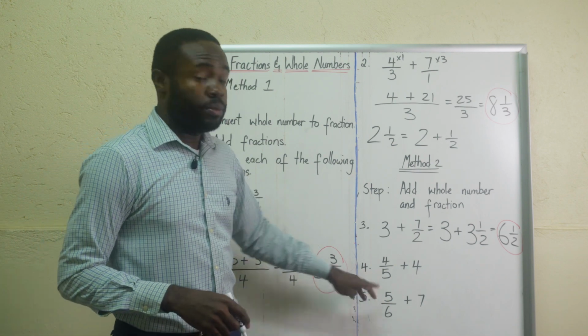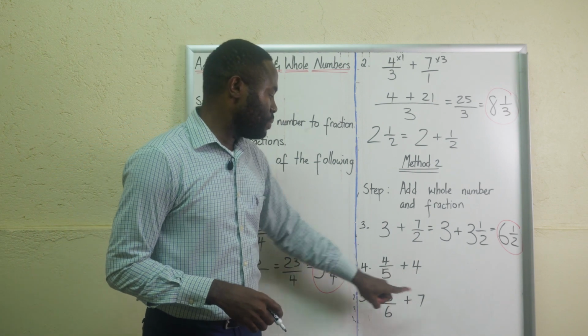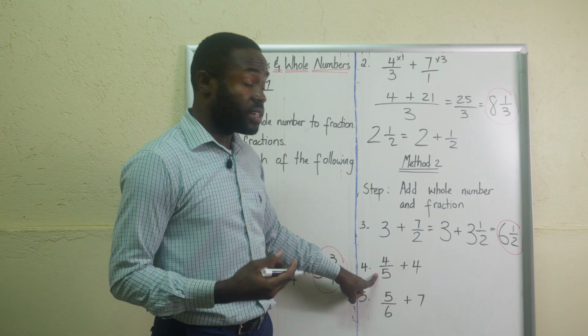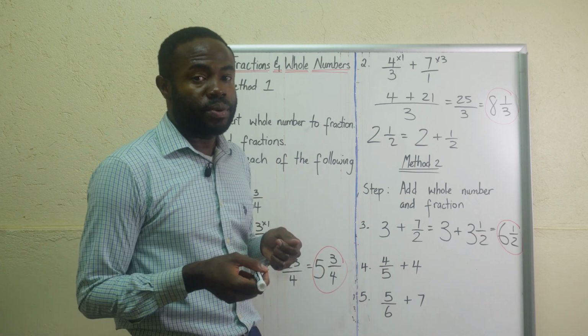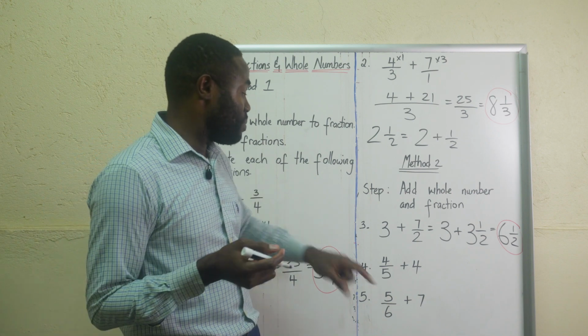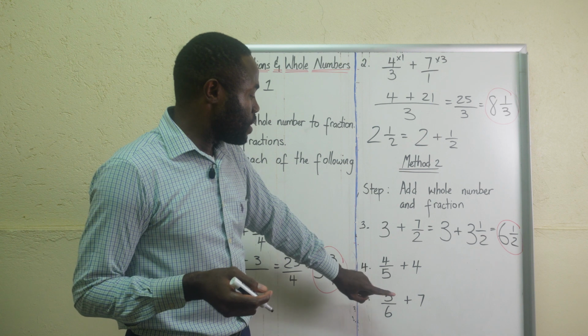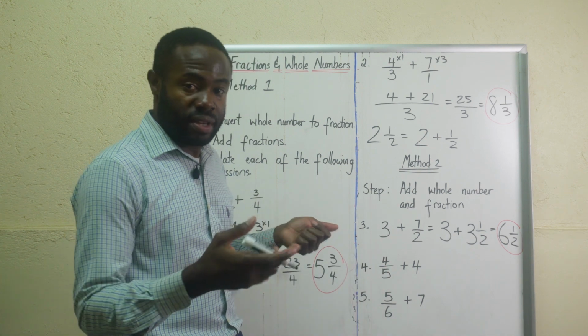Now, for number 4, we have what? 4/5 plus 4. Now, our common fraction, or fraction given, is proper. All right, so it can't be converted to a mixed number. This would make our life simple in this case. So what we do is just add the whole number and the common fraction.